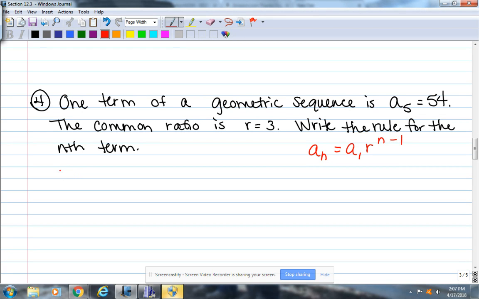So I'm going to do one more step in there. So a sub 5 equals a sub 1 times r, and we said r was 3, to the n minus 1. Since we know the fifth term, we're going to use 5 minus 1. Okay, so I substitute all my n's with 5s.